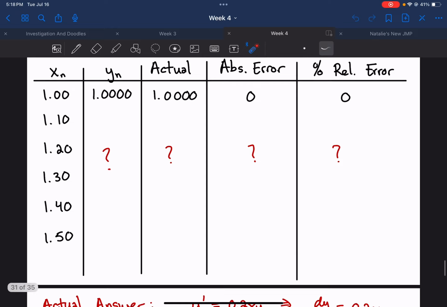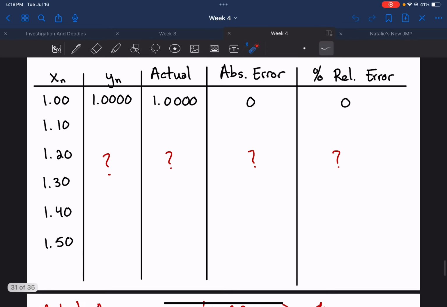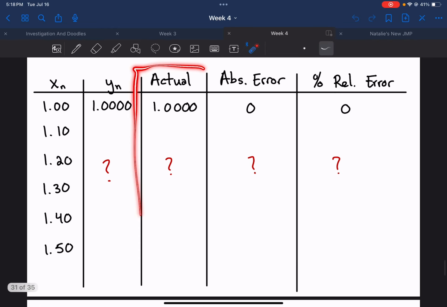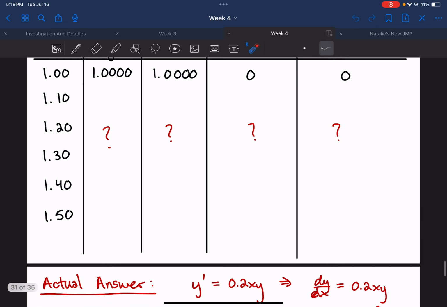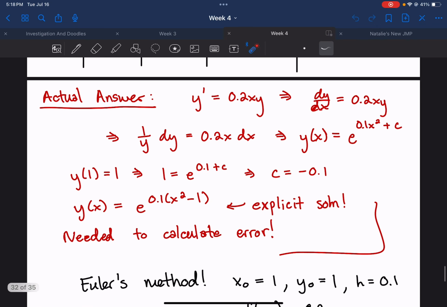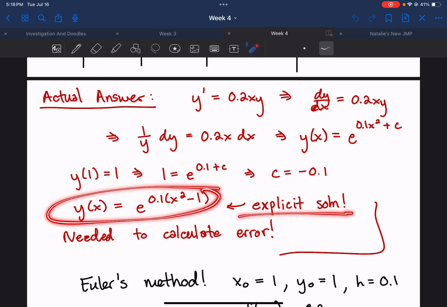So we're going to just fill in this table. First, I'm going to calculate the actual answer because that is straightforward. This is a separable equation, like I said before. All I need to do is move the y's to one side and the x's to one side. So 1 over y dy equals 0.2x dx, which implies this is my y, and since y of 1 equals 1, I know c equals negative 0.1, so y of x equals this equation. This is my explicit solution.